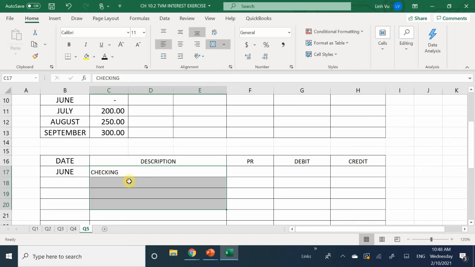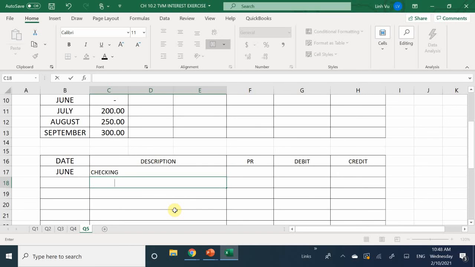Okay, so checking is the first thing. And then the second thing is, what are you going to recognize here? Payable? Receivable? Not a receivable, we're not dealing with a customer. It's a loan, right? You can have the word payable, but we already know a loan is a straight liability.